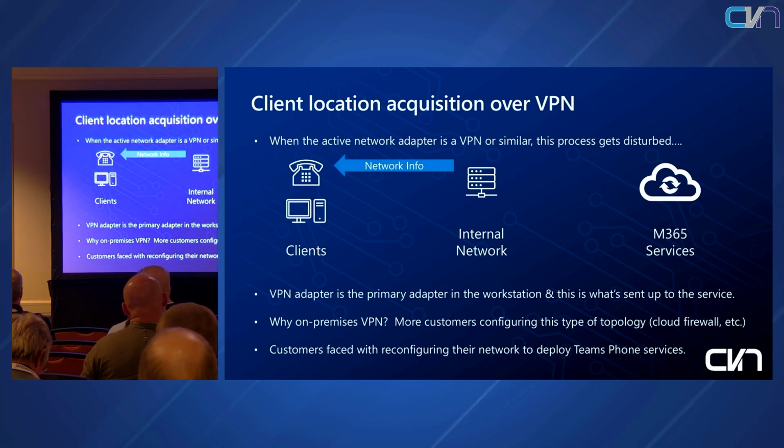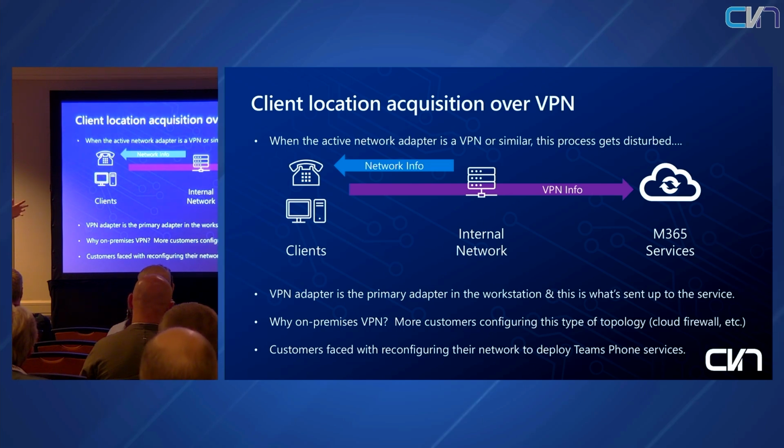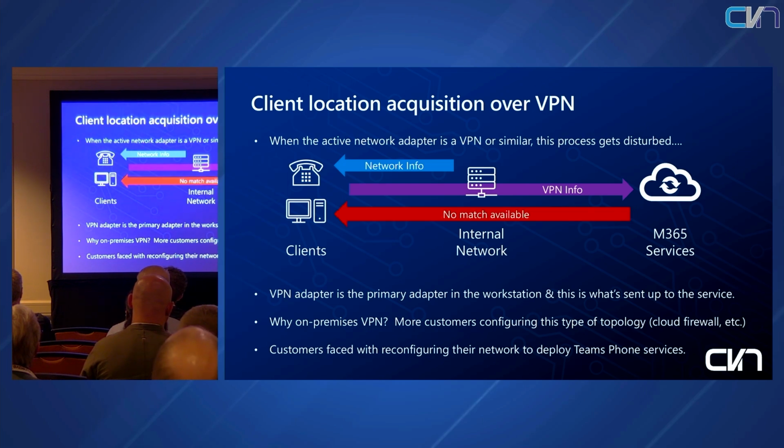Then, though, because the client's running a VPN adapter, what it sends up to the M365 services, where we have our lists and the network configuration service, is not information about the physical network at all. It's the location about this virtual network. So we get the virtual adapter's information because the virtual adapter is the primary adapter in the workstation. And then the services say, yeah, there's nothing here for you.